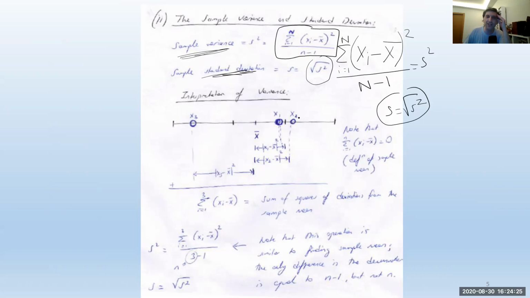Now, here the whole thing is a bit different. First, we find the sample mean. Sample mean is like the center of mass in the physics example. Here, let's say this is the sample mean of different observations. We have x1, x2, and x3 here.